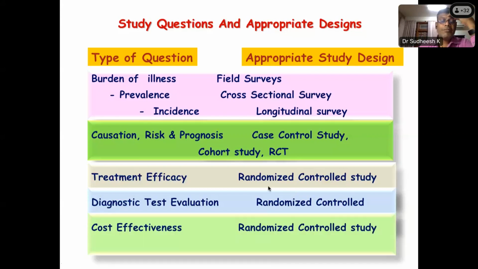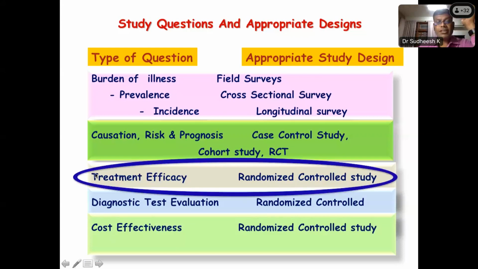Finally, if you are doing something for cost effectiveness, again, the answer is randomized control trial. So most of the time, this is what we are focusing on in our day-to-day anesthesia practice. That is the treatment efficacy, and it's always better to go for a randomized control study in that situation.